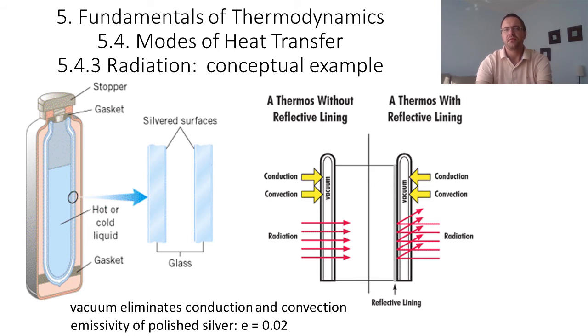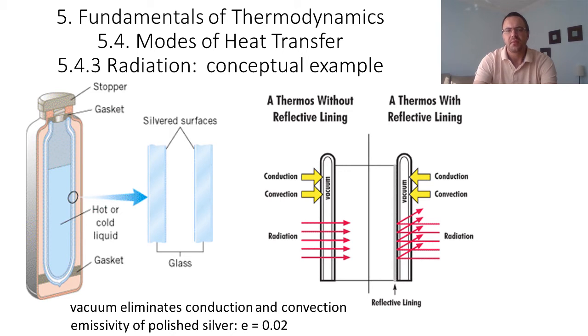An example of the bad emissivity of silver is the thermos bottles. You want to insulate a liquid to keep it warm, and so you want to reduce all mechanisms for heat transfer. And one way to do this is to produce a layer of vacuum that will eliminate the heat transfer by conduction or the heat transfer by convection. And then you want to reduce the heat transfer by radiation.